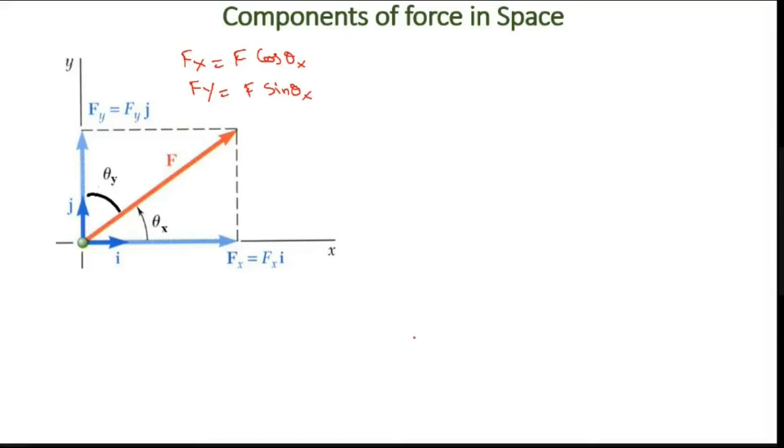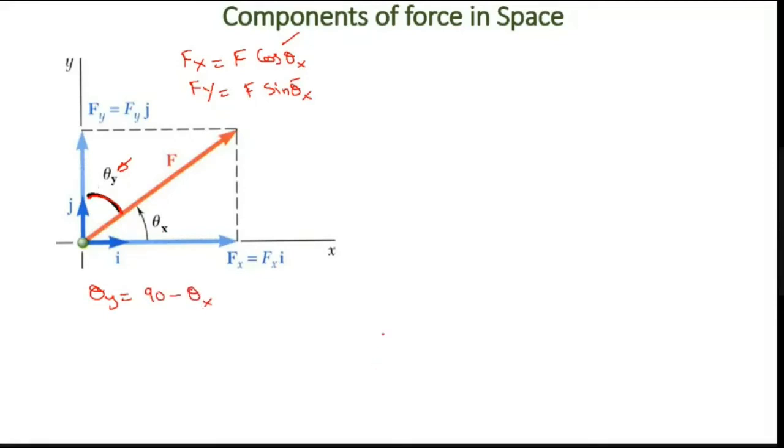Now, I don't want these two terms, cos theta separately and sine theta separately, right? I want everything in terms of cos theta. In that case, I can consider another angle theta y, where theta y is nothing but 90 minus theta x.